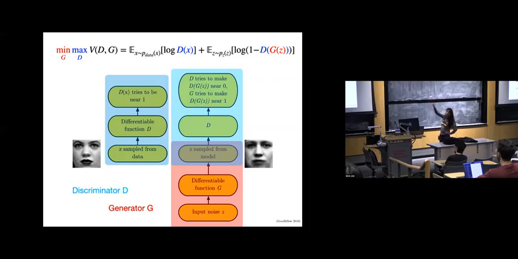This is a 1, log is a monotonic function. Is that clear? Now, if we try to minimize over G, G enters only in the second term, as you can see here, so G is incentivized to make D spit out 1 for those sampled images. Is that clear so far?